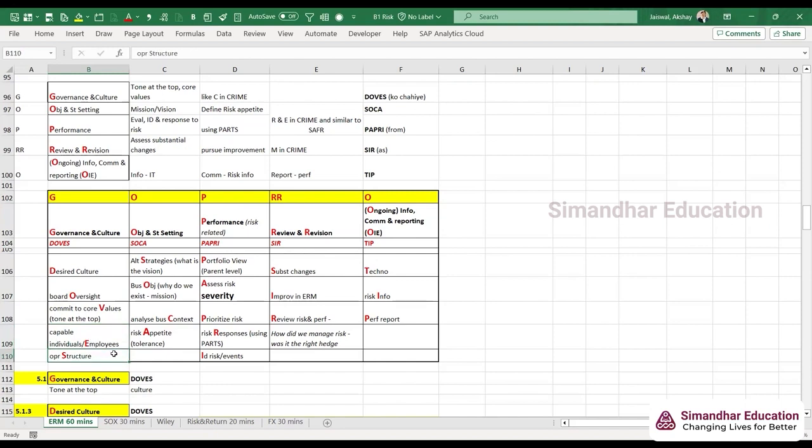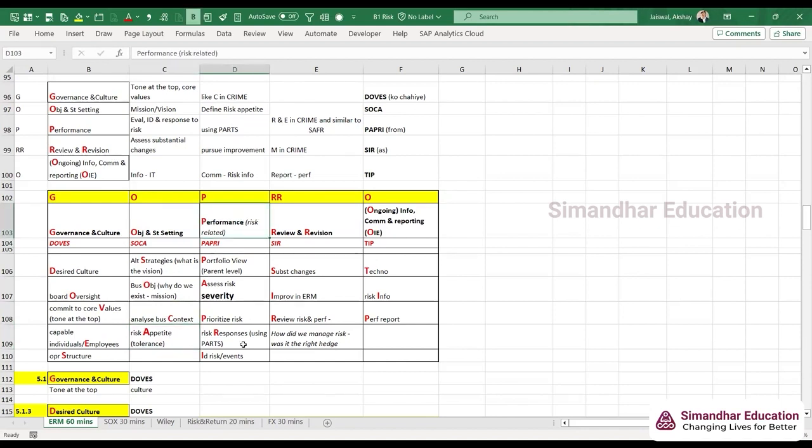Operating structure also, whether it is a centralized or decentralized model, right? Objective and strategy setting. Basically, strategy is like our vision, objective is our mission. Then business context is there. Business context means the environment that we are in, the competitors, the economy, seasonality, etc. How much risk we can take, what is our appetite.